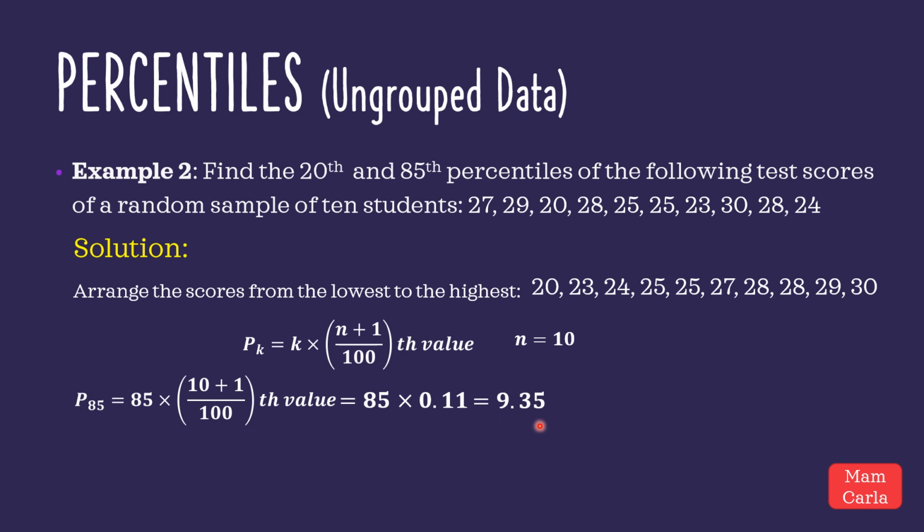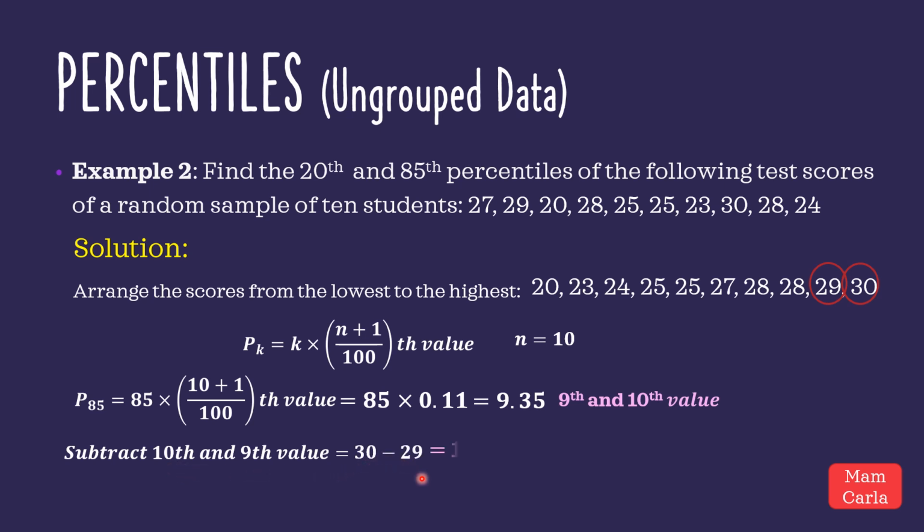So we're going to locate here the 9th and the 10th value, and that is 29 and 30. So the next step is we're going to subtract the 9th value from the 10th value. So 30 minus 29, we have 1. And then we need to multiply it by 0.35, which is the decimal part of P sub 85.